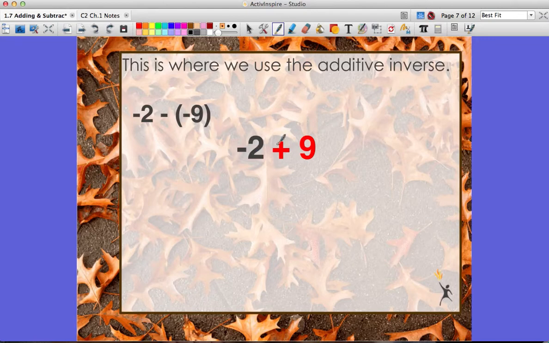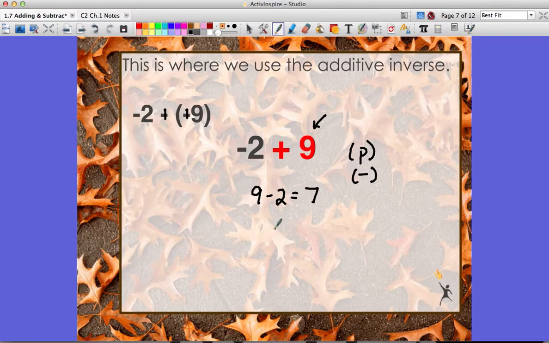Or you can make it easy on yourself, which I think will be the best for everybody, is if we say, nope, we're going to add the opposite, or add the additive inverse. So in this case, I know my answer is going to be positive, because 9 has the greater absolute value. And then because it's a negative and a positive, that means I'm actually going to use subtraction. So I'm going to subtract 9 minus 2, which gives me 7.